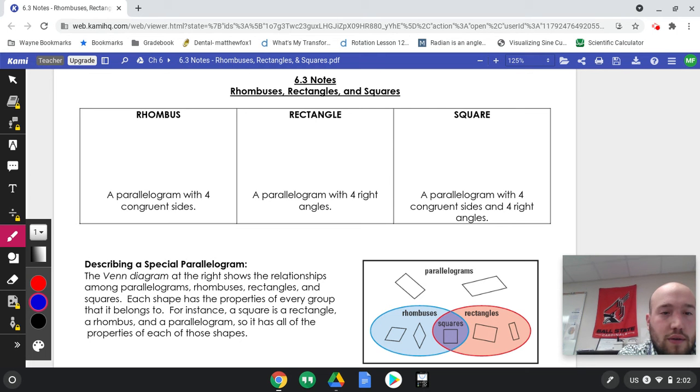Okay, so if I draw this parallelogram, and I'll do my best. It might not be perfect.